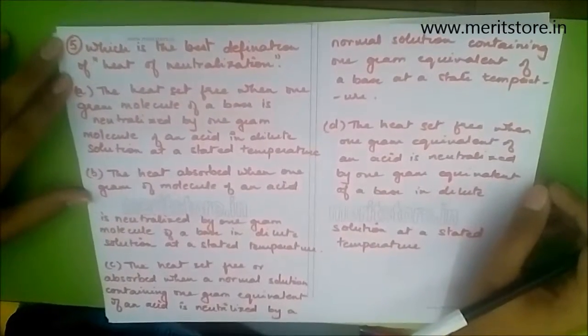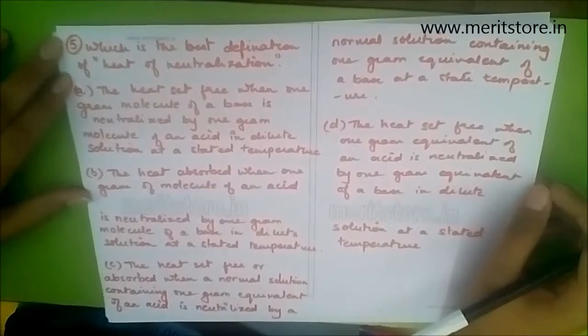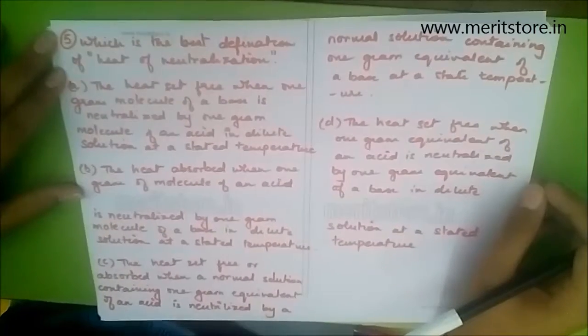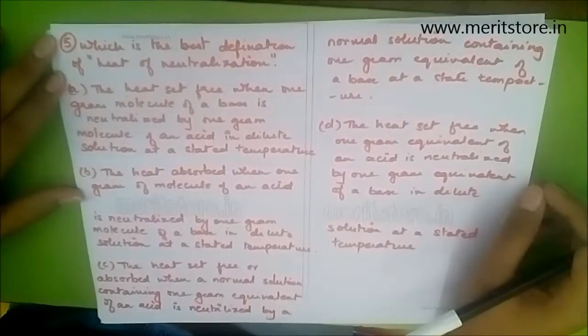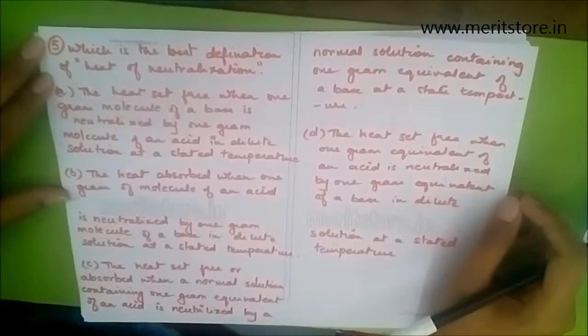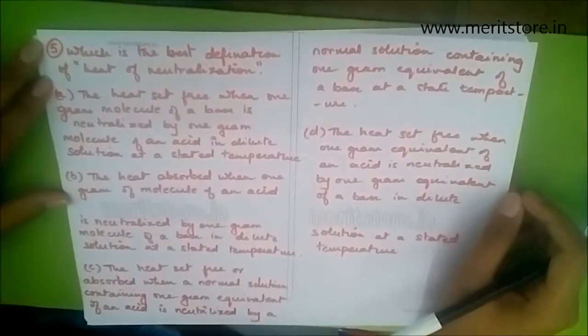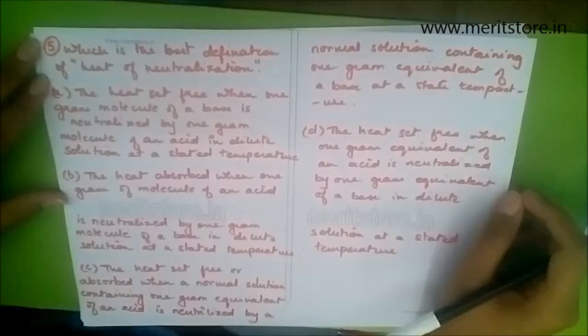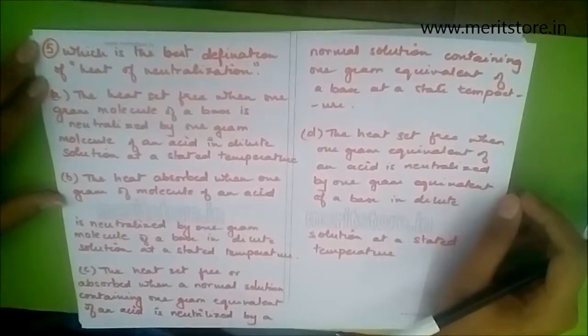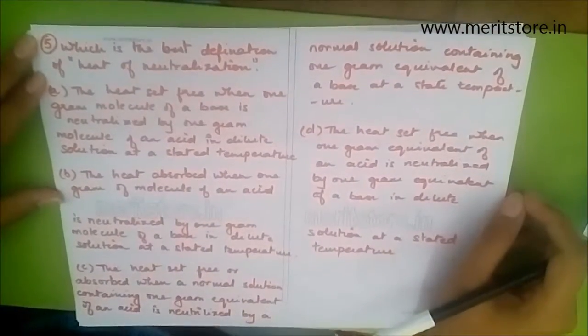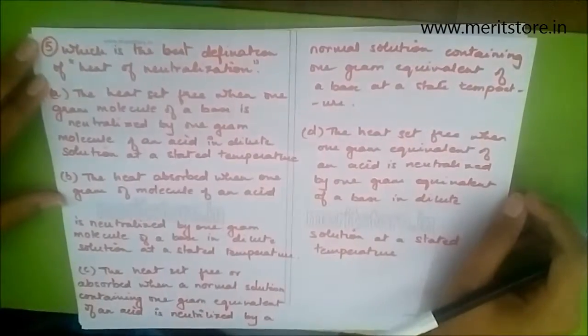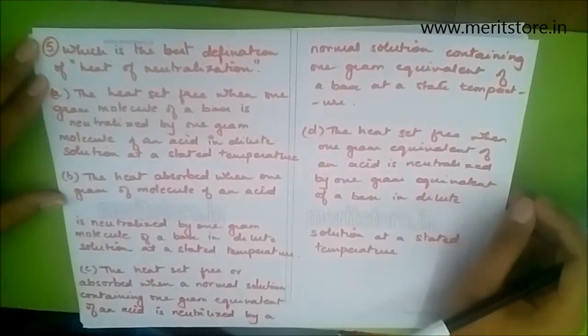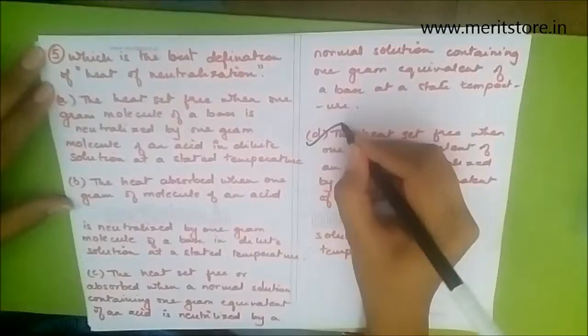C, the heat set free or absorbed when a normal solution containing 1 gram equivalent of an acid is neutralized by a normal solution containing 1 gram equivalent of a base at a stated temperature. D, the heat set free when 1 gram equivalent of an acid is neutralized by 1 gram equivalent of base in dilute solution at a stated temperature. The correct option over here is D.